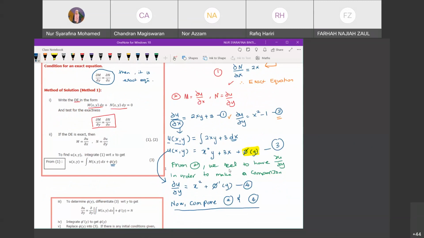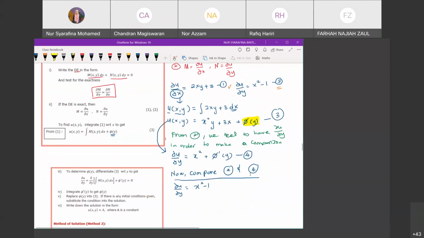From the second equation, you have del u del y equals x squared minus 1. From the fourth equation, you have del u del y equals x squared plus psi prime y.